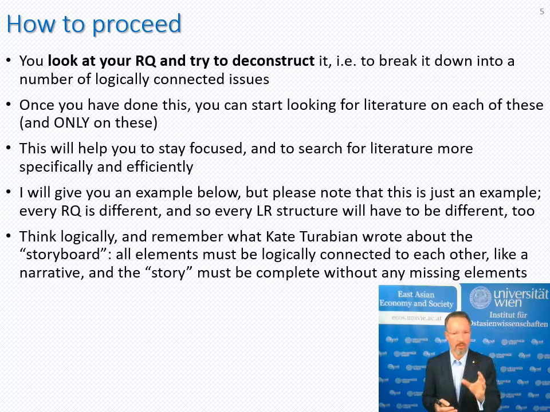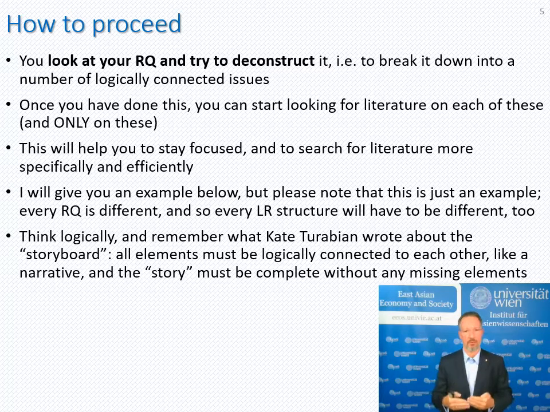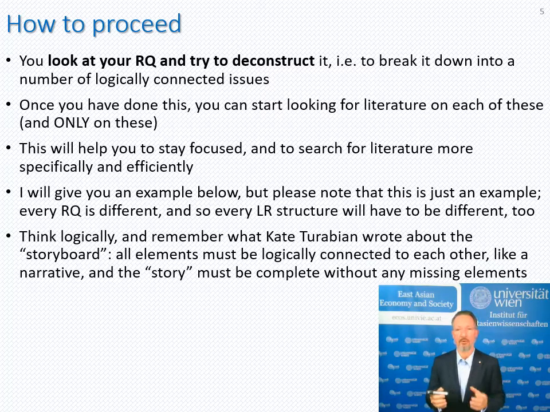So we are at this point not only at the very beginning, but already you are way into the process of writing. You do have sufficient information actually to make that decision on how to interpret, how to deconstruct, how to break down your research question into a number of issues that are logically connected.